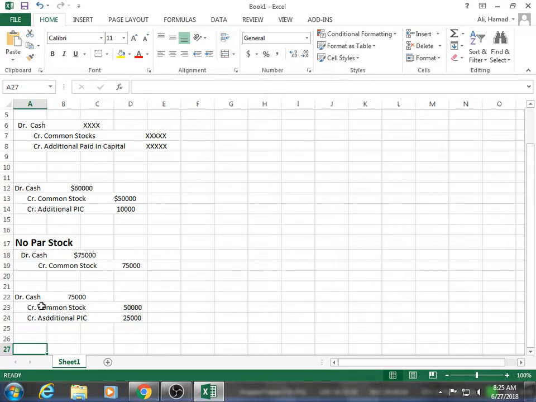When Rexu was formed on January 1st, 2014, its attorney agreed to accept 200 shares of its $10 par value common stock for services rendered. At that time, the market value of the stock could not be determined. However, for similar services, the attorney would have charged Rexu $3,000. So they did not know what was the market value of the share at that time.